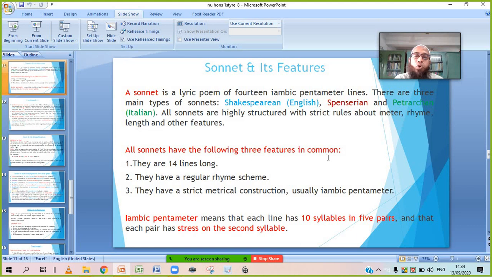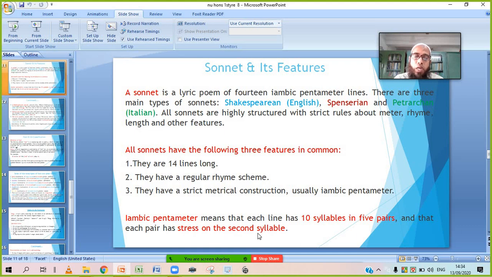All sonnets have the following three features in common: they are 14 lines long, they have a regular rhyme scheme, and they have a strict metrical construction, usually iambic pentameter. Iambic pentameter means that each line has 10 syllables in 5 pairs, and each pair has a stress on the second syllable.